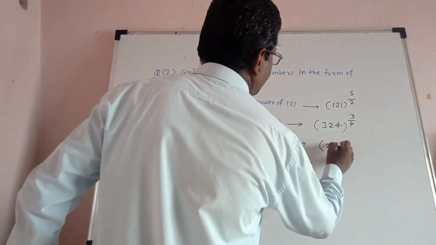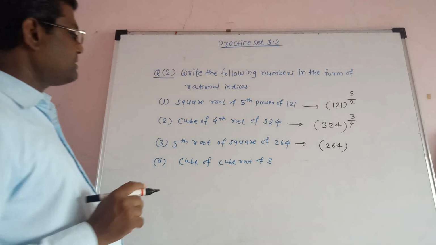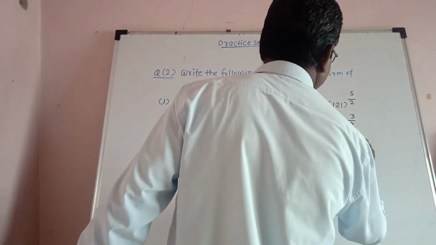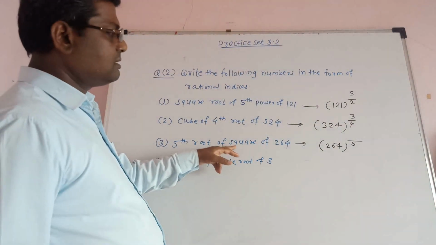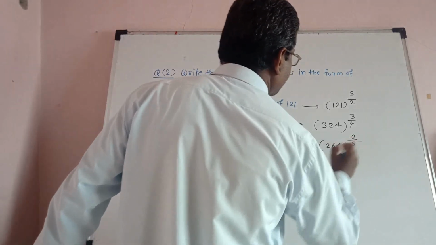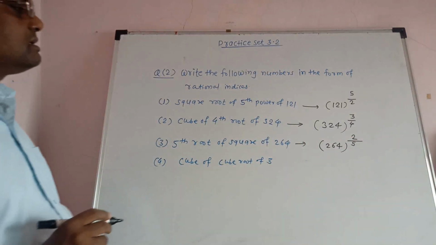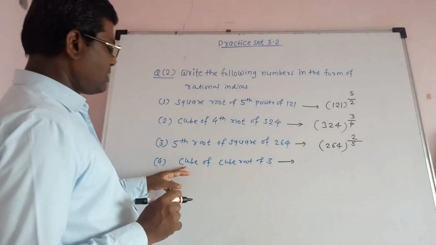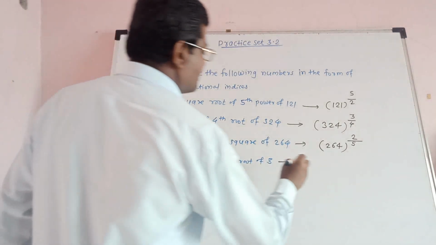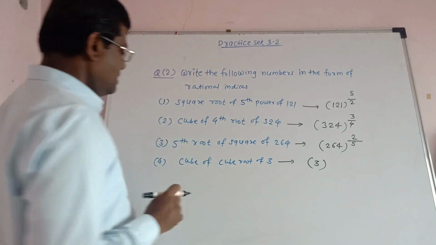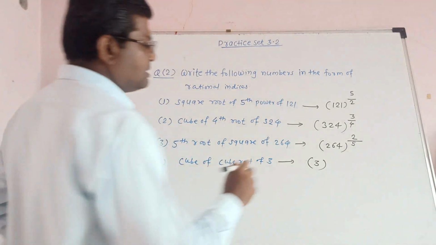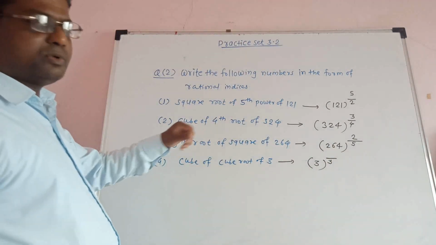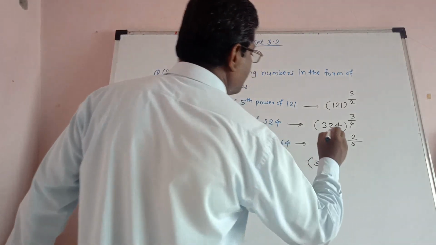Write the number 264 at first. Let us see fifth root. So write 5 in the denominator. Square means 2. 2 in the numerator. So it will be 264 raised to 2 upon 5. Now the next example, cube root of 3. So write the number 3. Then cube root. Cube root means write 3 in the denominator and cube. Cube means 3. Write 3 in the numerator.